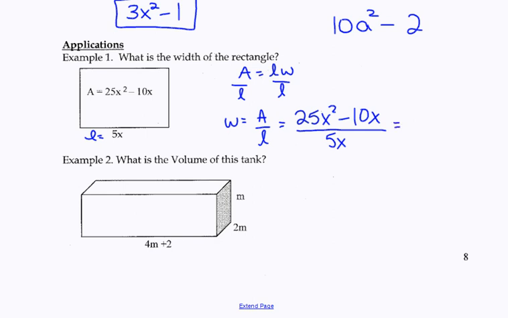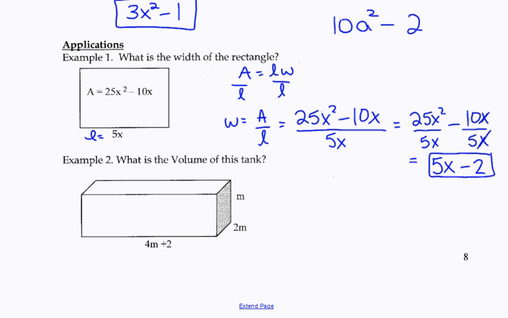When we're dividing a monomial into a polynomial, divide each term by the monomial. So what would that equal? 5x minus 2. Very good. Okay, one more, and we're done.